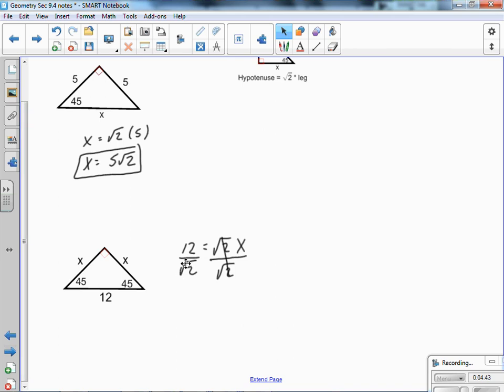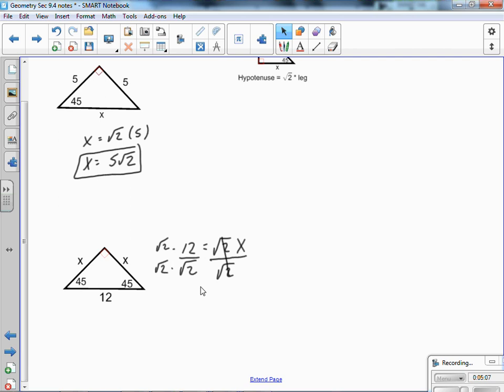In order to get rid of a square root, we have to multiply that square root value by the exact same square root. So I'll multiply by the square root of 2, and whatever I do to the bottom, in order to maintain the same fraction, I have to do to the top.